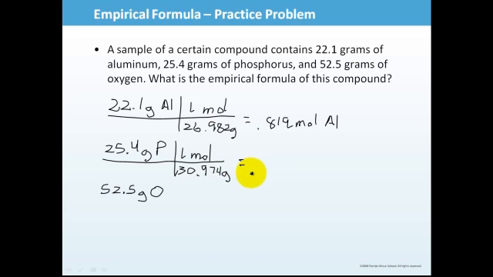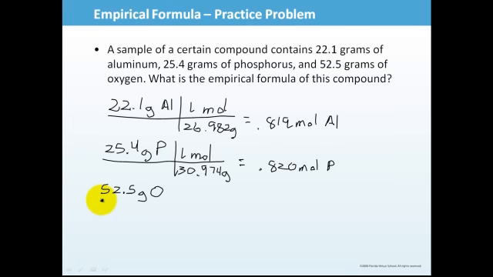So 25.4 divided by 30.974 gives us 0.820 moles of phosphorus.